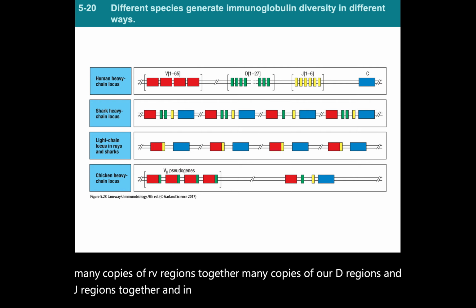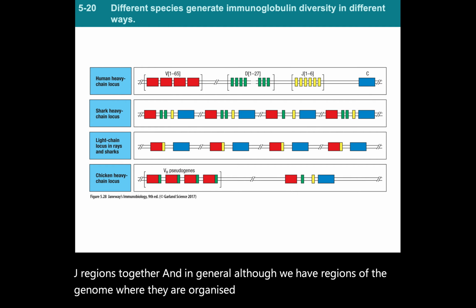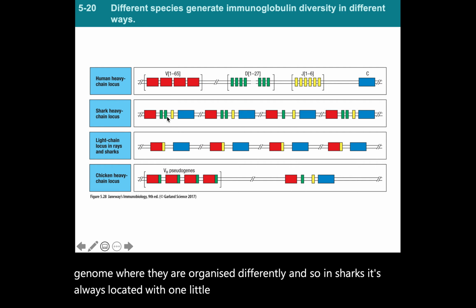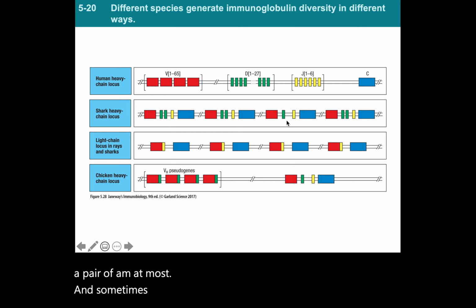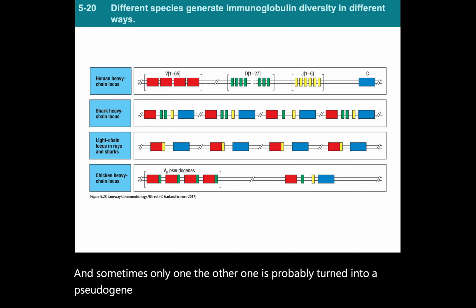Although we have regions of the genome where they are organized differently. And so in sharks, it's always located with one little set together. They can swap out from a couple of different diversity regions, but there's only a pair of them at most, and sometimes only one. The other one's probably turned into a pseudogene and been basically knocked out. And so limited choices, but yeah, we can actually put them together.